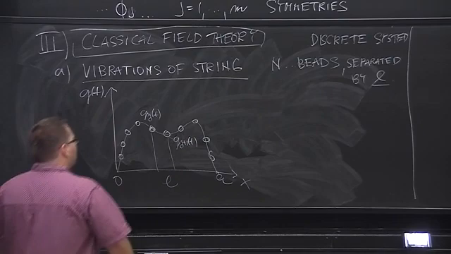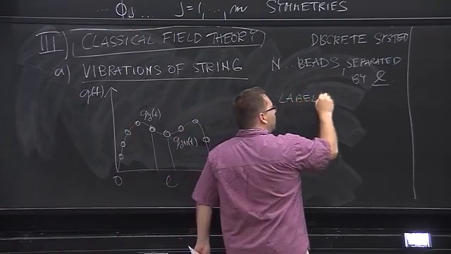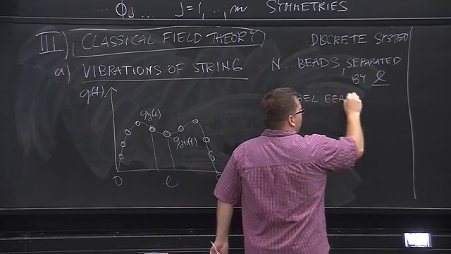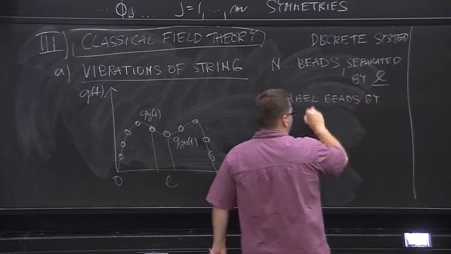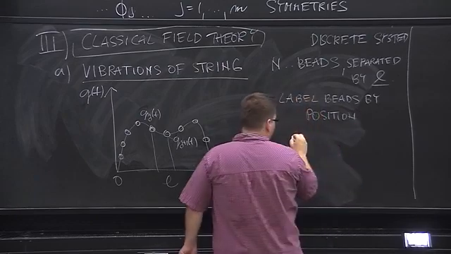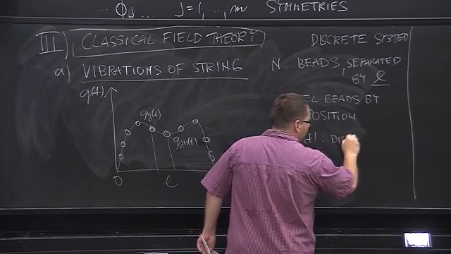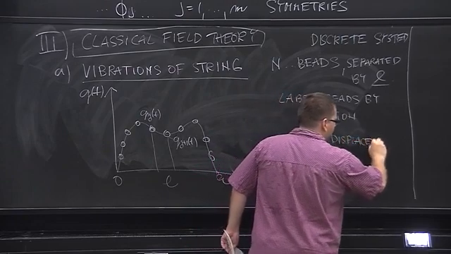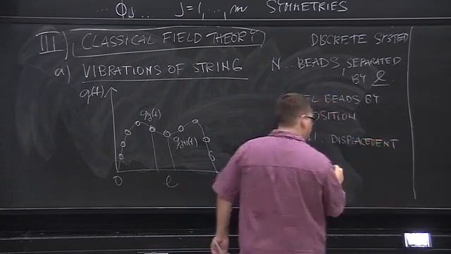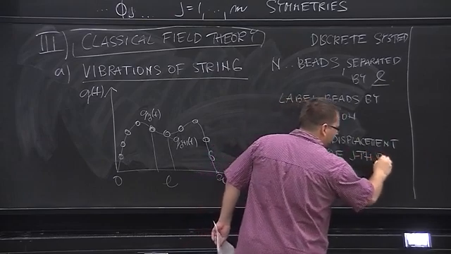So we label beads by position, and then qj of t is the displacement of the jth bead.